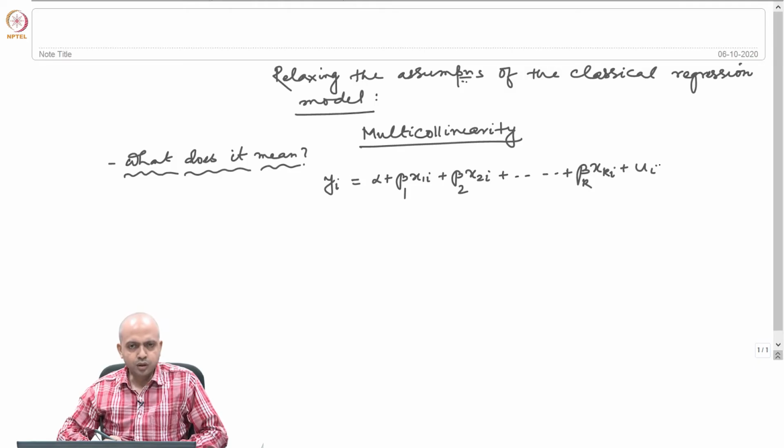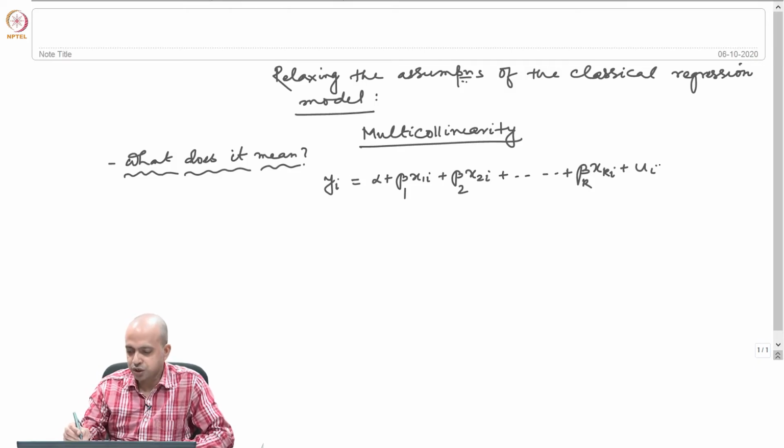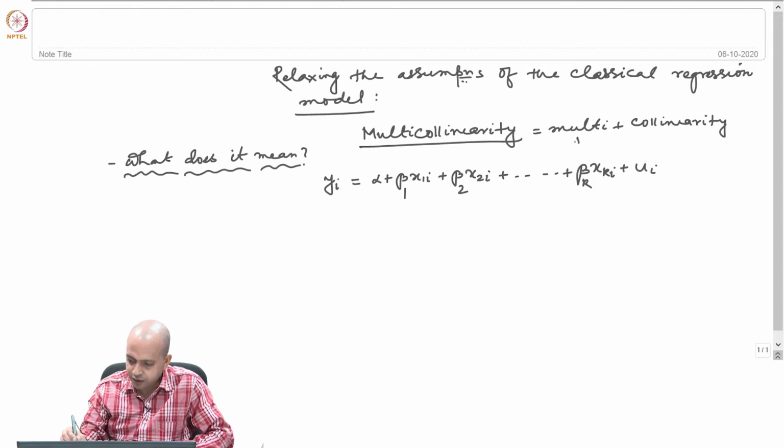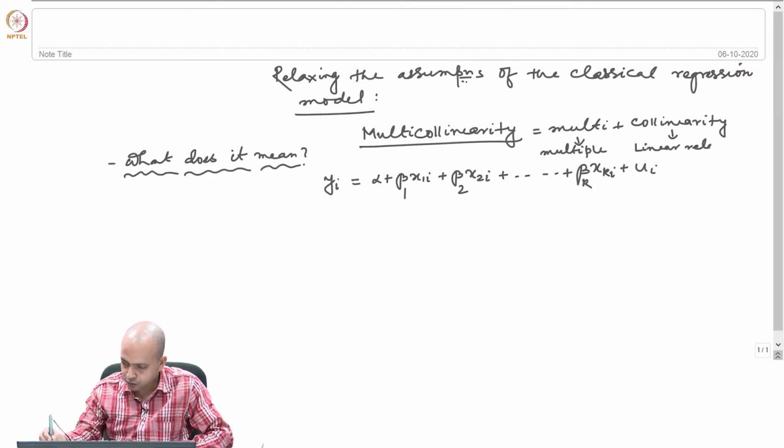Then the term multicollinearity, if you decompose it, equals multi plus collinearity. Multi means multiple, and collinearity means linear relationship.